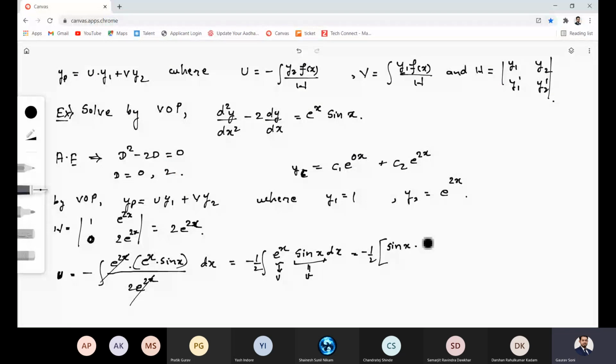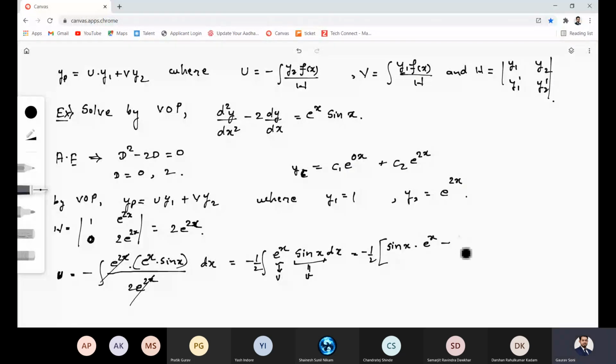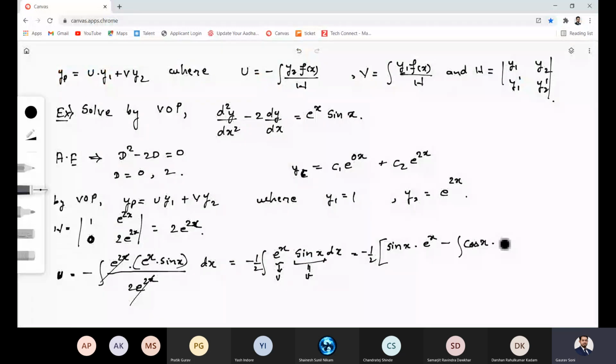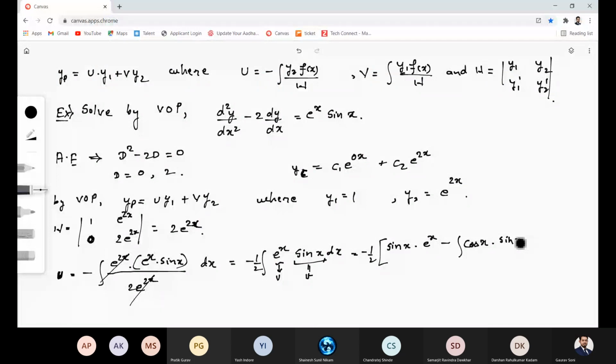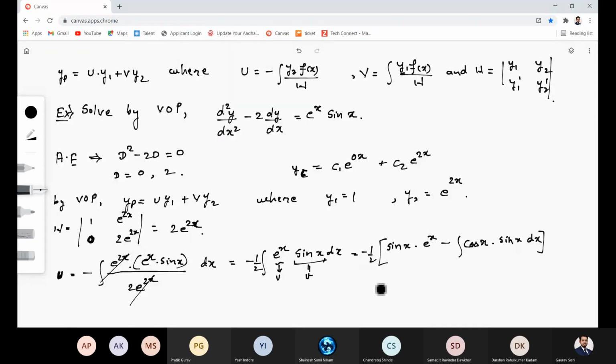What we will have is U, just sin x, integration of V, just e to the power x, minus integration, derivative of U is cos x, and integration of V, just sin x. Oh, I've done something wrong.